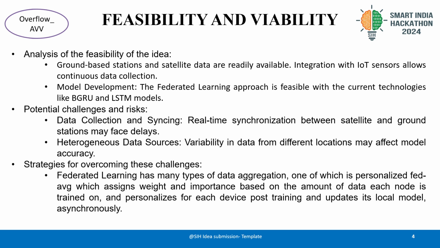Real-time synchronization between satellite and ground stations may face delays, and variability in data from different locations may affect model accuracy, because the sampling rate might differ and the data distribution is not equal.